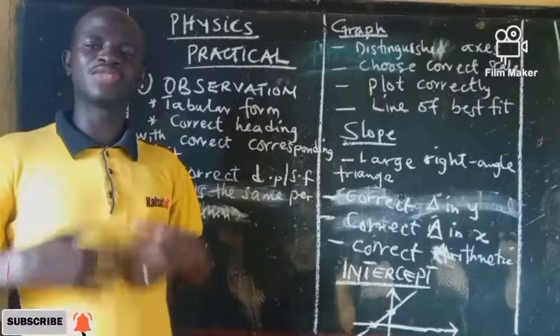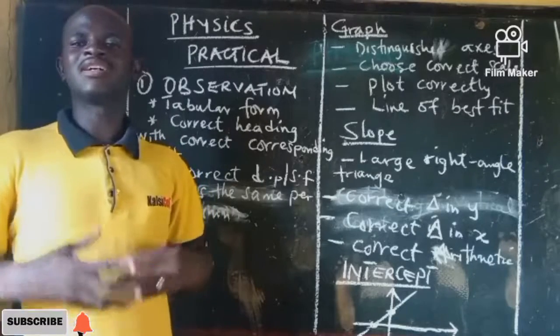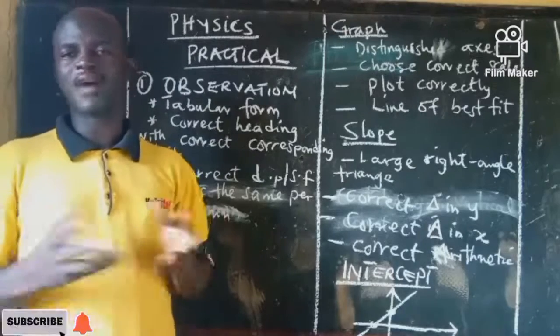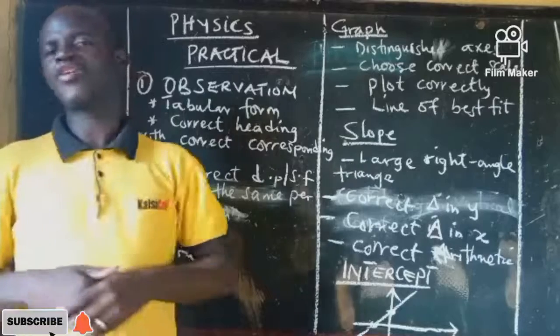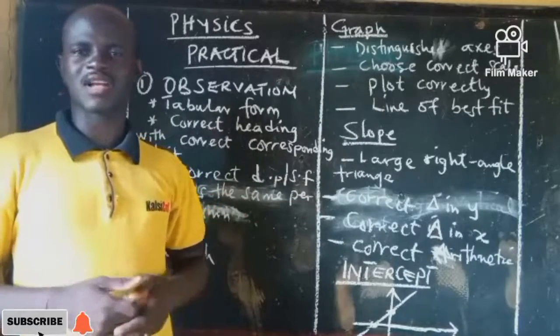You are given the length of the thread, but you are the one to observe the total time taken for that pendulum to perform that certain number of oscillations. So these are the things that we do in physics practical.